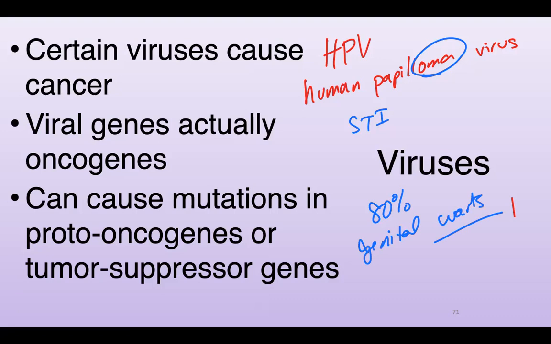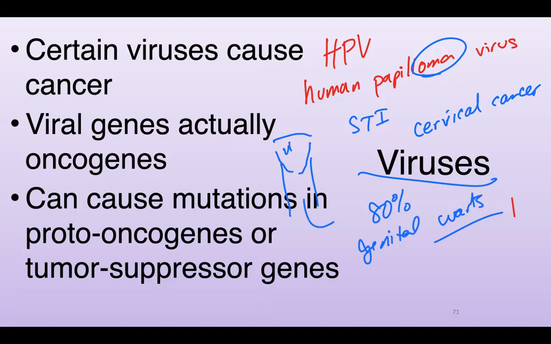For females, the reason why it's so dangerous is because this virus mutates cells in the cervix, and it causes cervical cancer. Now, the cervix is the opening to the uterus. So your uterus is here. This is the vagina. This is the uterus.